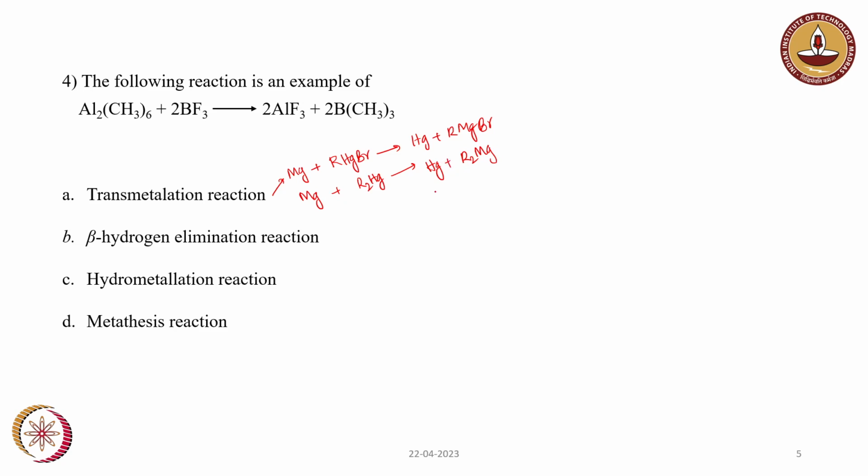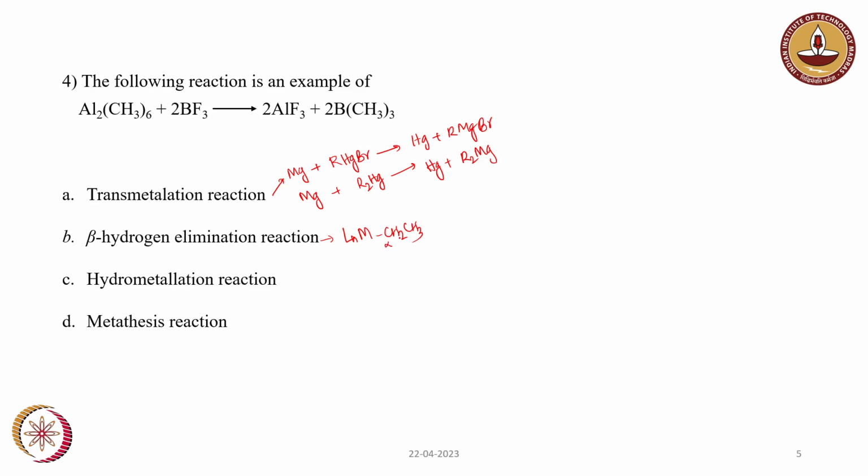Beta hydrogen elimination takes place when there is a hydrogen present on the carbon at the beta position of the metal. So there should be a beta hydrogen present. In this reaction, there is no beta hydrogen. So the example is LnM-CH2CH3.